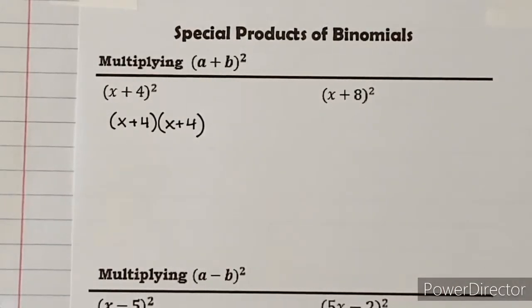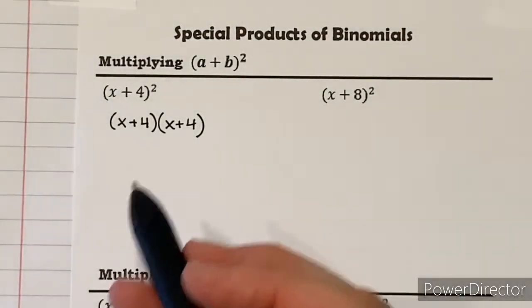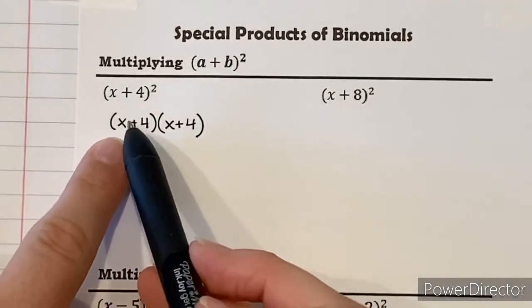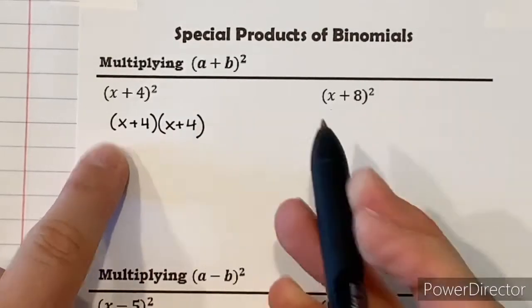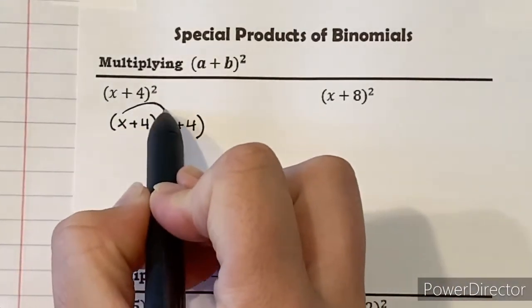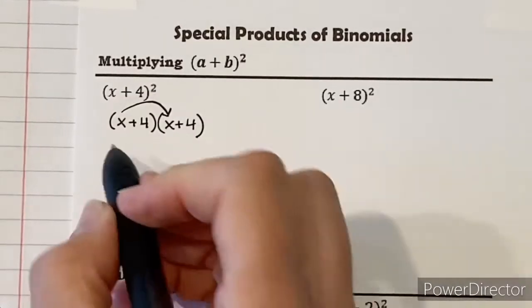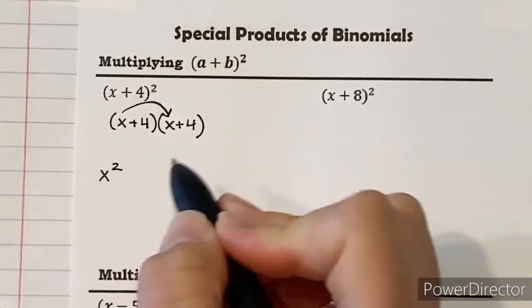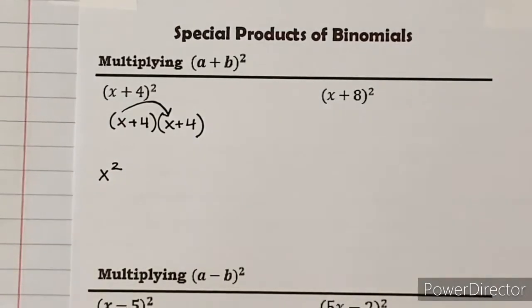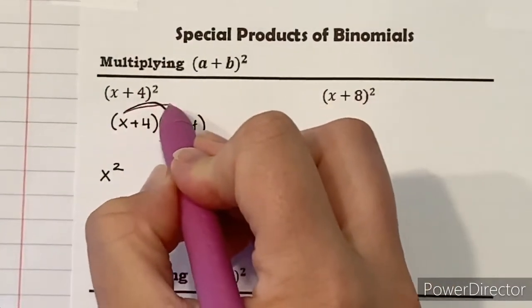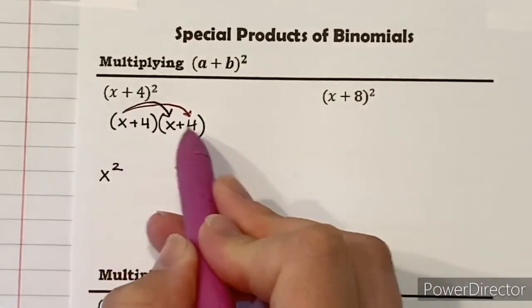Okay, so now this is the one where I'm going to do FOIL, so hopefully this will go by fast. I'm going to multiply that x into this one, so F stands for first. So x times x is x squared. Then I have O, which is outside, or outer terms, which is x times 4.